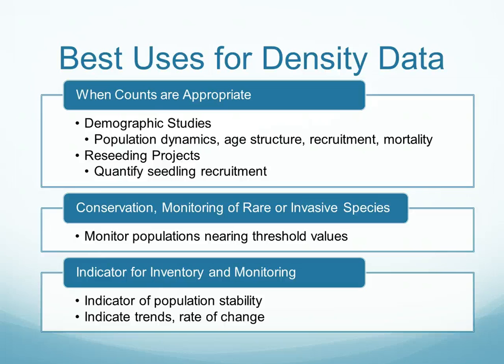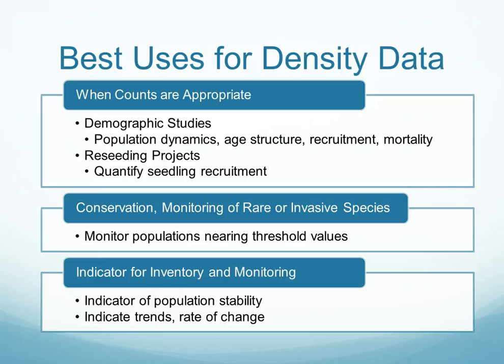This has direct applications. Density data are often used to study the success or the progress of reseeding and revegetation projects, because we want to quantify seedling recruitment in a timely fashion so that we can make management decisions based on that information.